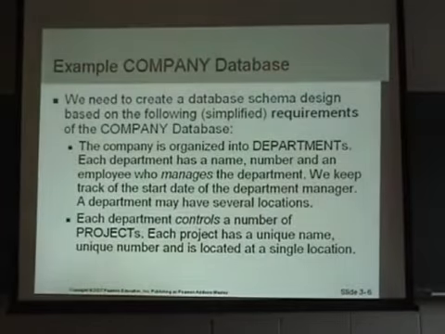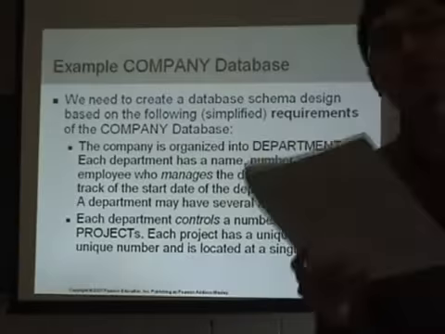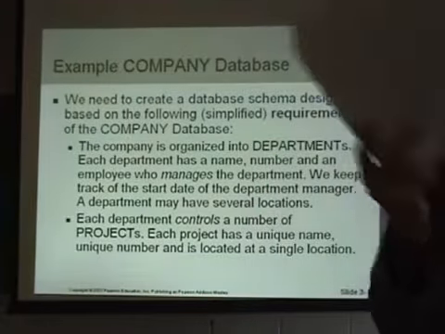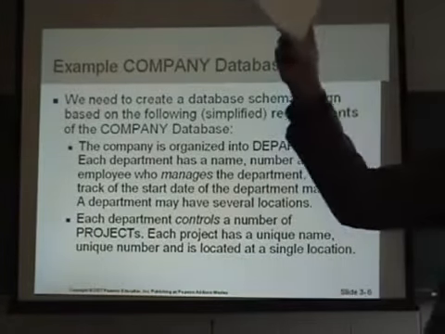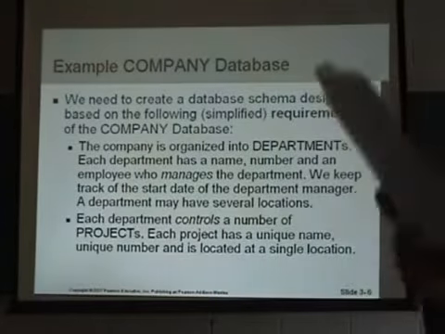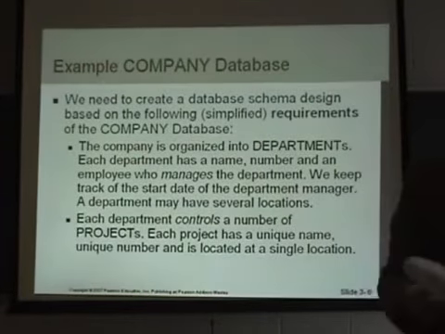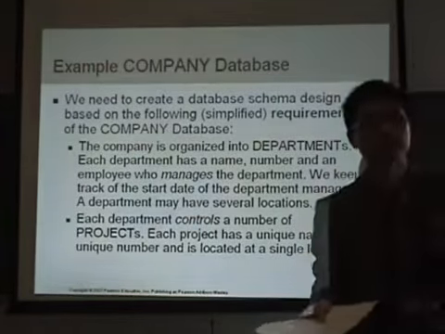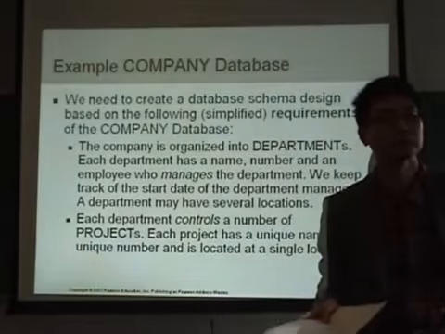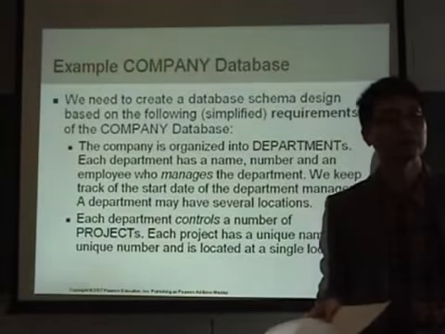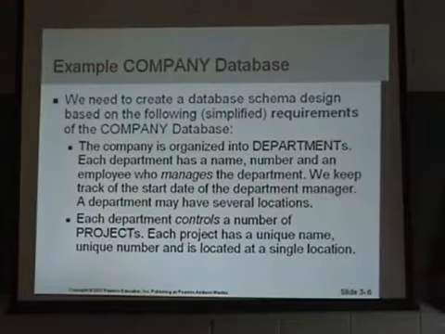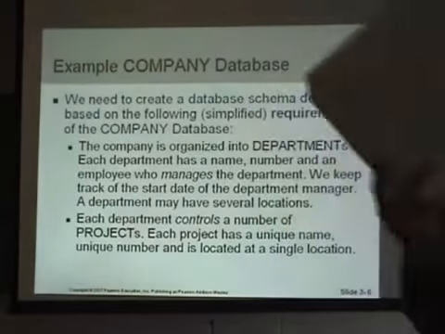Each project has a unique name, unique number, and so on. The third one is for employee, and the last one is for dependent. I'd like to give you 15 seconds to read the whole requirement.